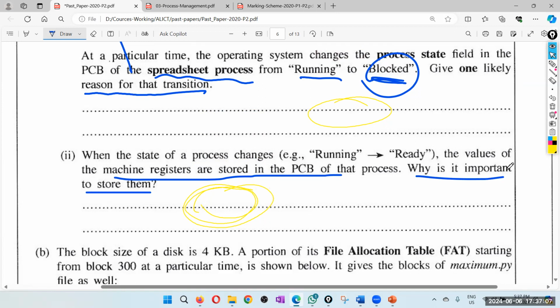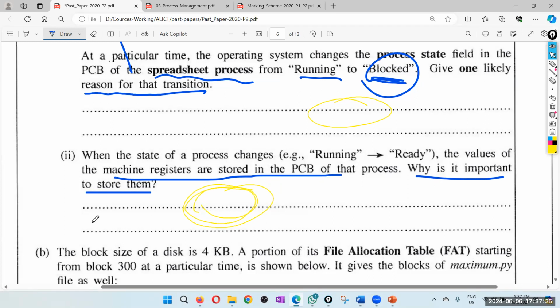So when it comes from running to ready, the time slot has expired. Therefore, it has given that opportunity to another process to run. But after some time, when the operating system resumes the processing, these values must be reinitialized so that it can start from where it stopped. You can see you have only 2 lines, so make sure you explain it in a very brief manner.